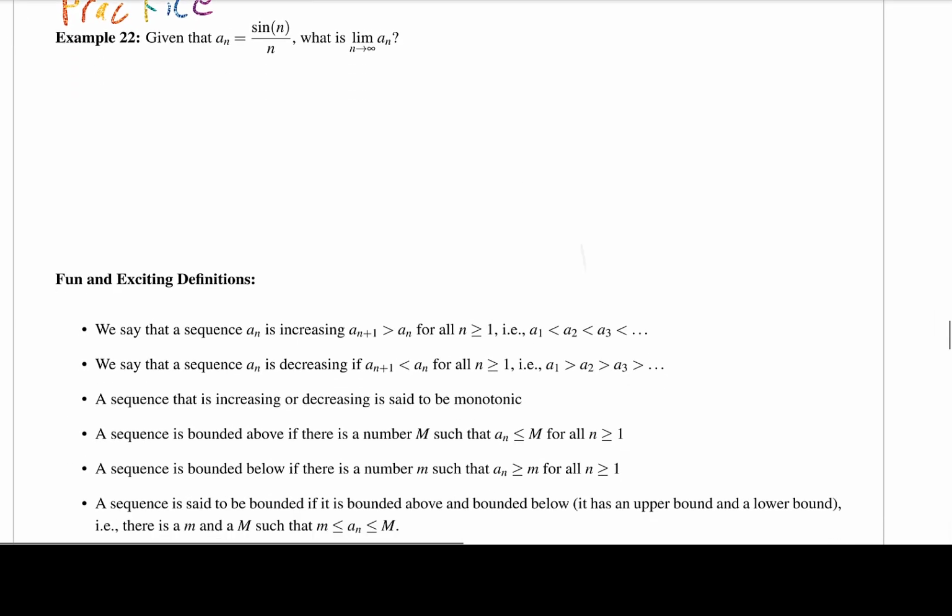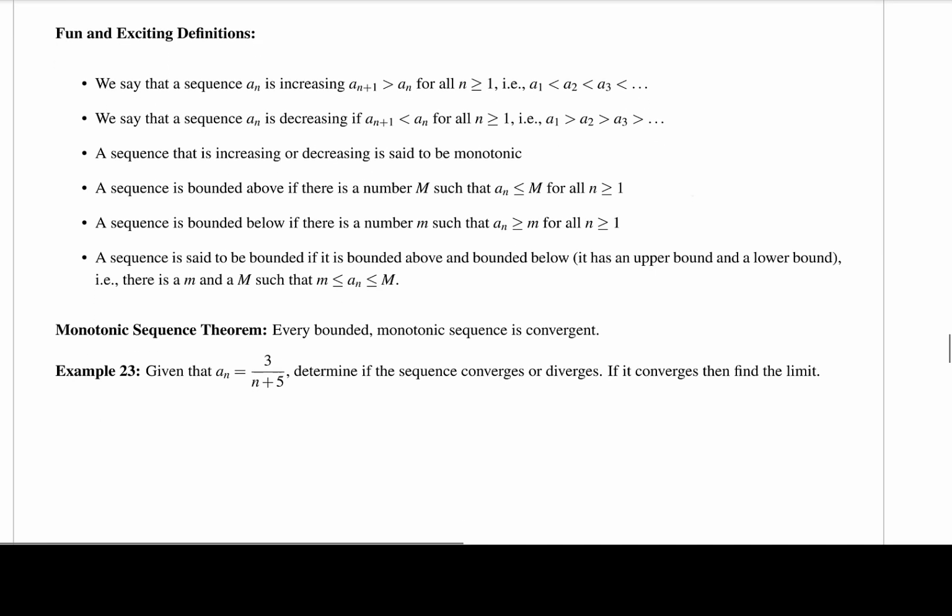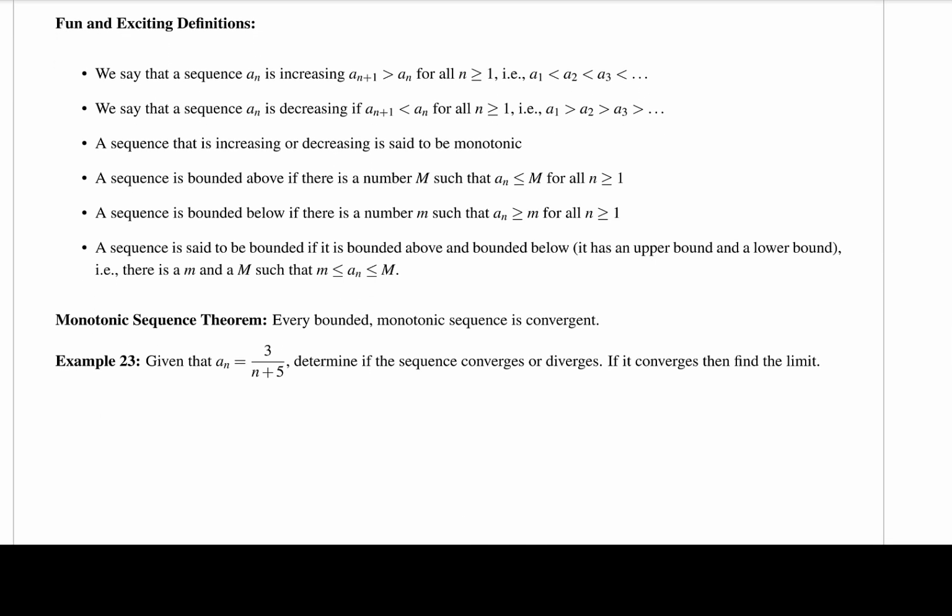Okay. Now, as always, these lecture videos are both fun and exciting, so I need to provide some definitions that are both fun and exciting. We're going to say that a sequence is increasing if a sub n plus 1 is greater than a sub n for all n greater than or equal to 1.